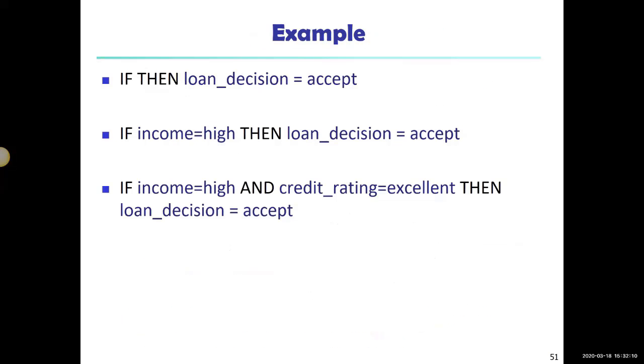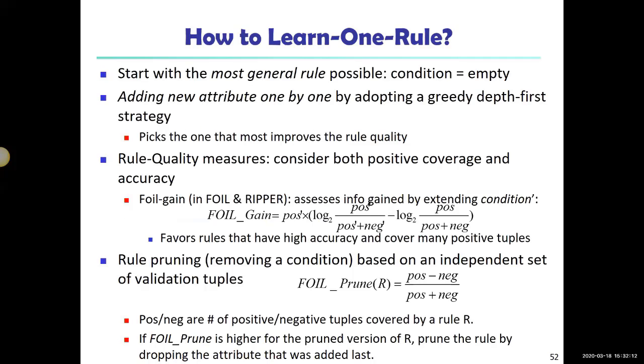The rule pruning, as we mentioned before: even when we learn one rule, not extracting rules from a decision tree, there's still the need for pruning rules. Rules can also be learned with overfitting. So the rule pruning idea is very simple. Compare the rule before removing a condition to the rule prior to removing that condition.